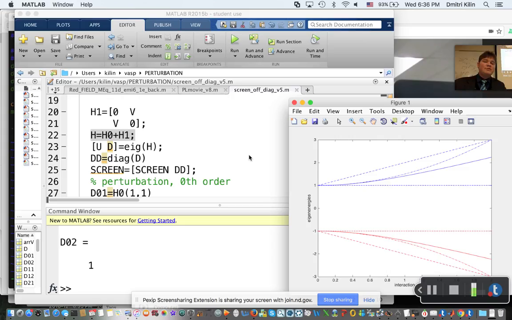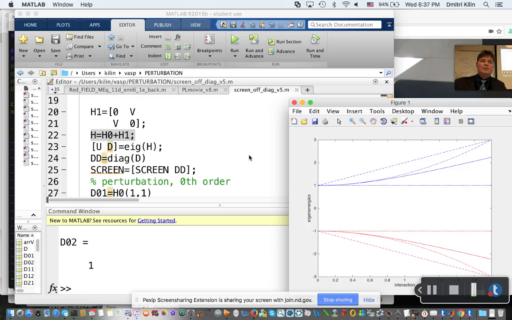Most of the time will be spent, or is already spent, just looking at the code. A very short time, but with practical necessity, is to look at the output of the code, which will be energies of the states as a function of the perturbation V, and checking which order of perturbation is closer to the exact solution.